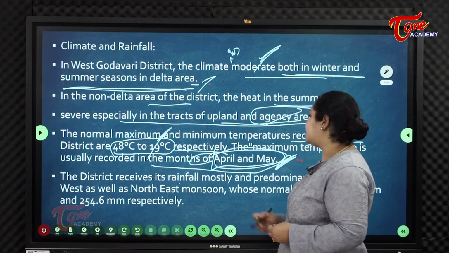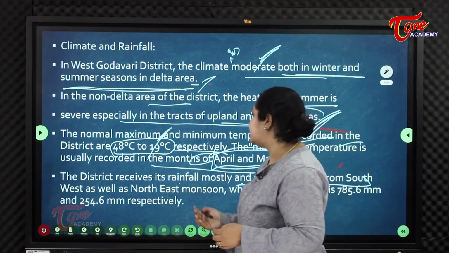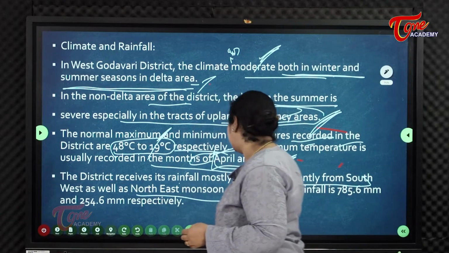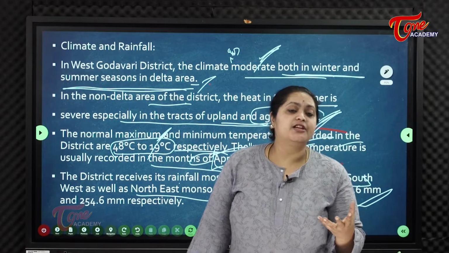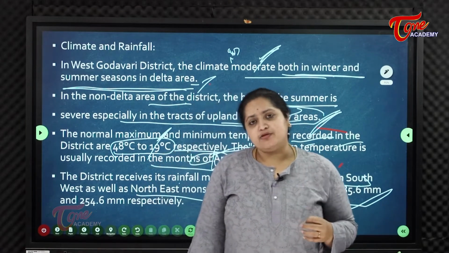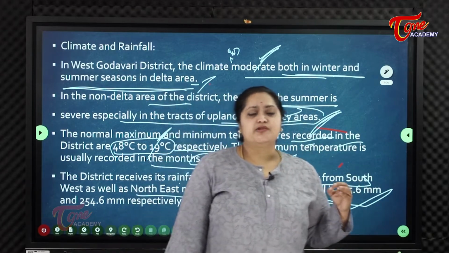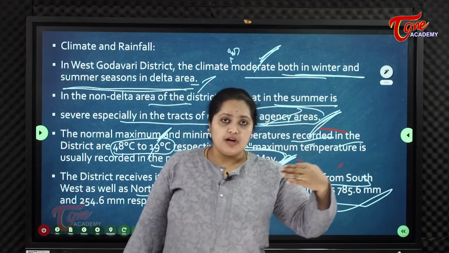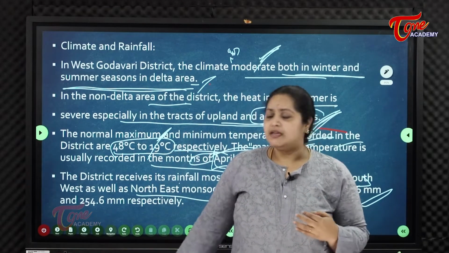The district receives its rainfall predominantly from the southwest as well as northeast monsoons. Andhra Pradesh receives its rainfall from both southwest and northeast monsoons. Northeast monsoon means districts like Nellore receive rains in the northeast monsoon.